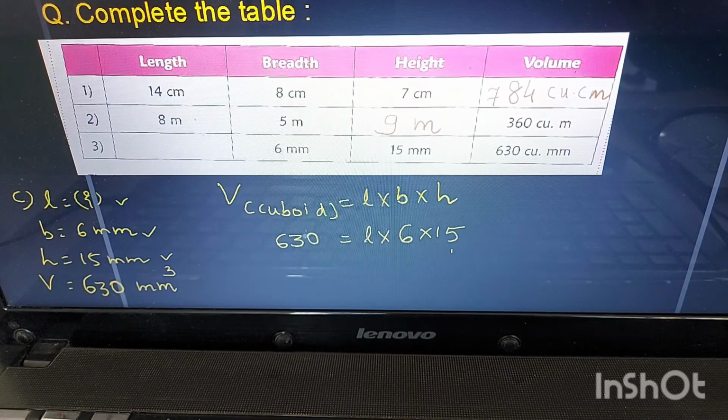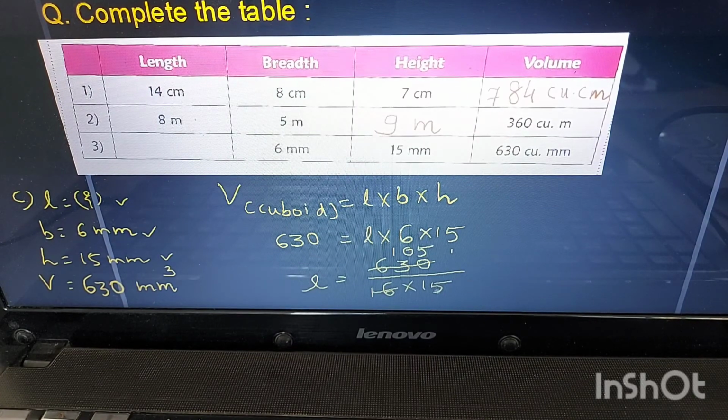Now this is your L. Now with L, what is given? 6 and 15. That goes to the denominator 6 and 15. Right? And the numerator is 630. Now 630 and 6, both the numbers are divisible by 6. So I have 6 ones are 6. Then here you will have 6 ones are 6 and 0 will be there, and 6 5s are 30. Right? Now 15 and 105.